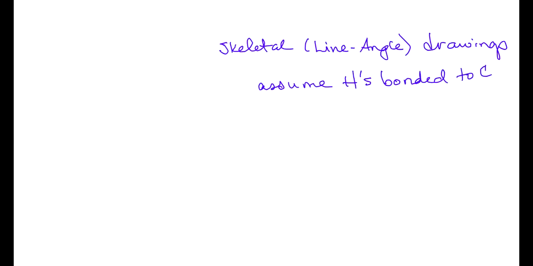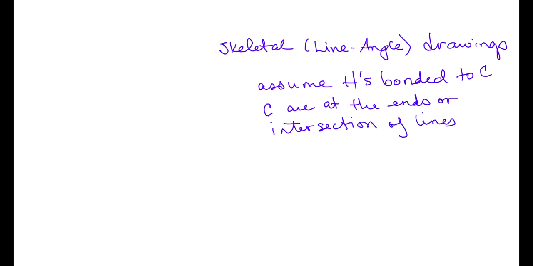The carbons are at the ends of lines or the intersection of lines. Okay, so I'll show you how those look.